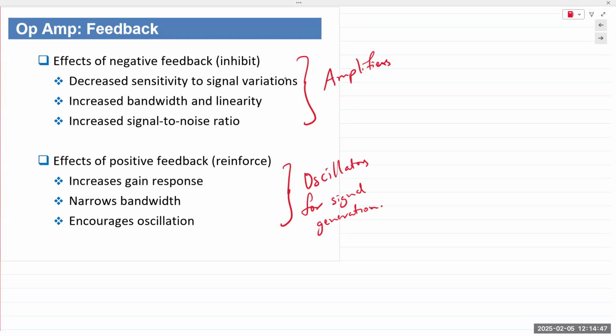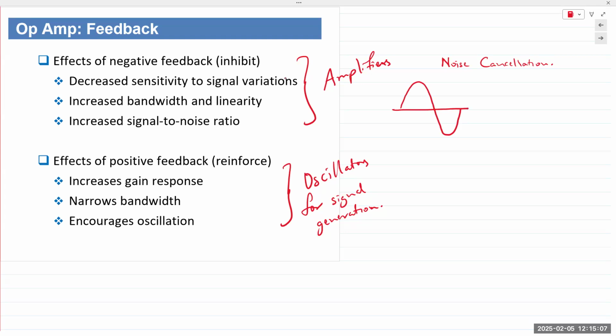Negative or inverting, a real life example would be for noise cancellation. You have an audio input signal that looks like this.